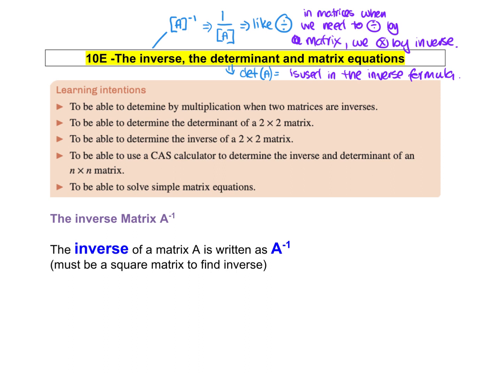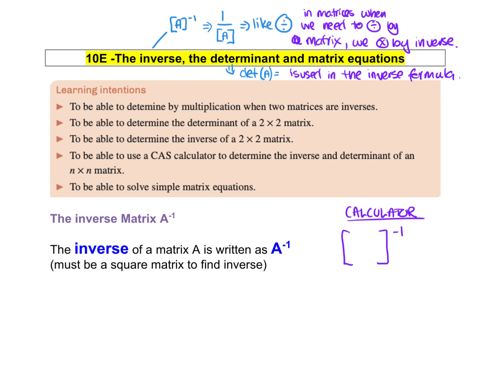All right, obviously we always have our calculators, so if you want to find the inverse of a matrix, you can simply type up your matrix in your calculator and raise it to the negative power.